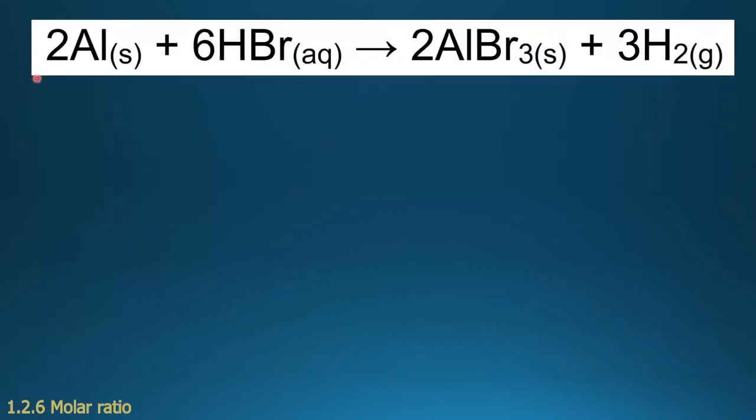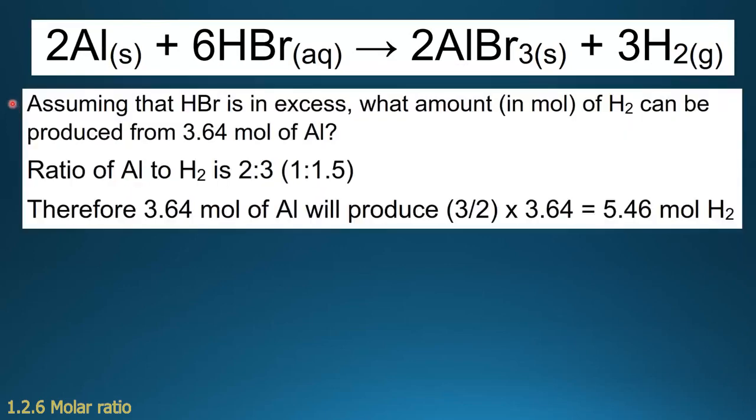Let's have a look at one more example. Here we have aluminium reacting with hydrogen bromide to form aluminium bromide and hydrogen gas. So our first example, assuming that hydrogen bromide is in excess, which means that aluminium is the limiting reactant, what amount in moles of H2 can be produced from 3.64 moles of aluminium? So we look at the ratio, and the ratio of aluminium to hydrogen gas is a 2-to-3 ratio.